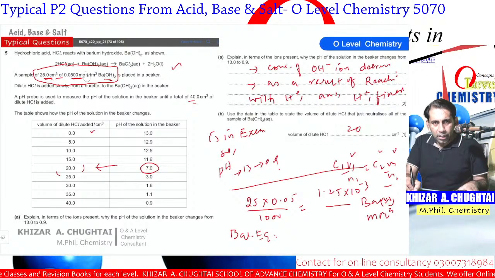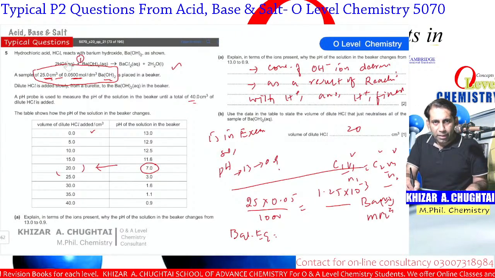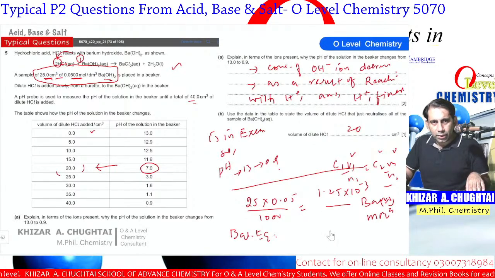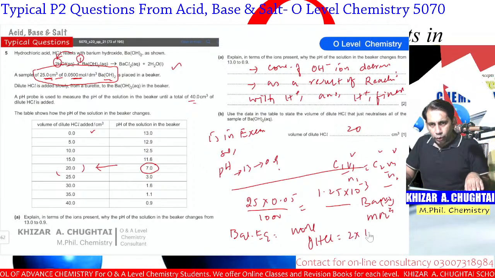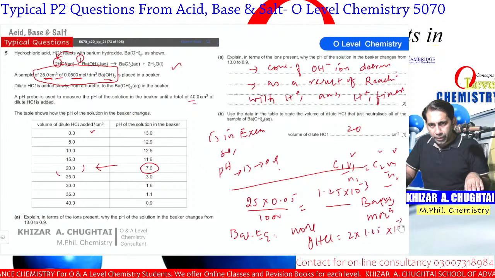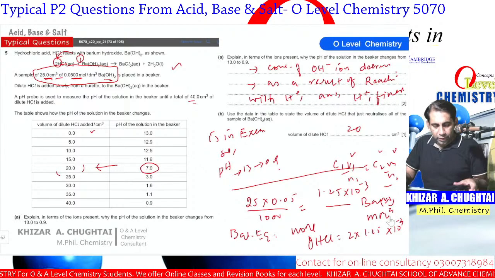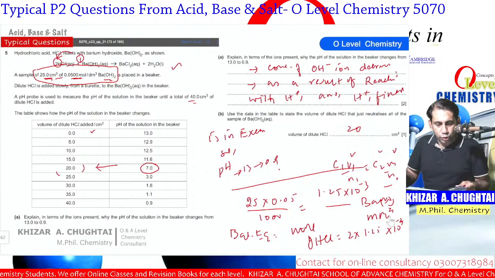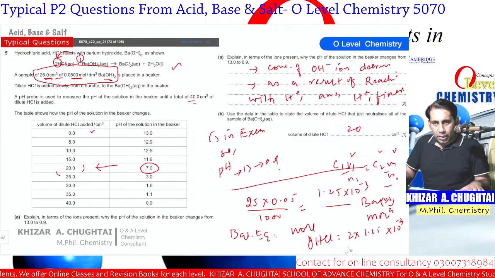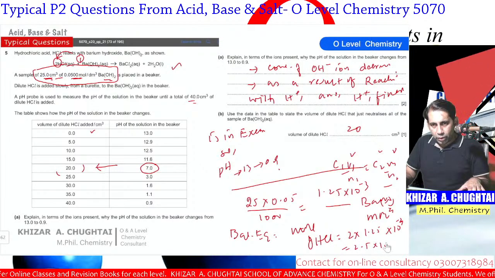From balance equation, you can see that 1 mole of barium hydroxide is equal to 2 mole of HCl. So the mole of HCl will be 2 into 1.25 into 10 raised to power minus 3, multiplied by 2, and here is the answer, that is 2.5 into 10 raised to power minus 3.